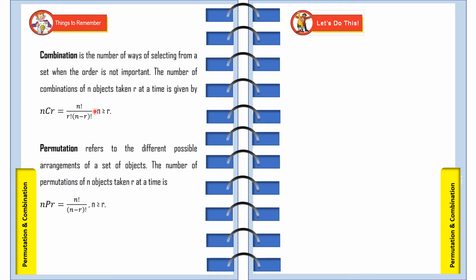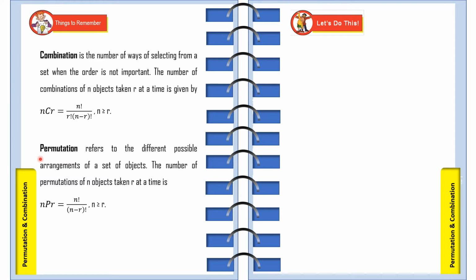So the number of combinations of n objects taken r at a time is given by this formula, nCr, which is equivalent to n factorial all over r factorial times the quantity n minus r factorial, when n is greater than or equal to r. So this will be our general formula every time we solve problems involving combination.